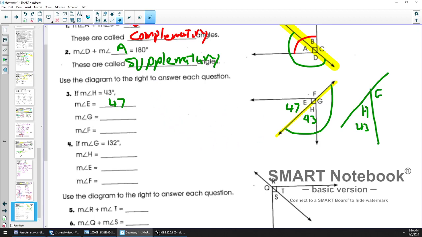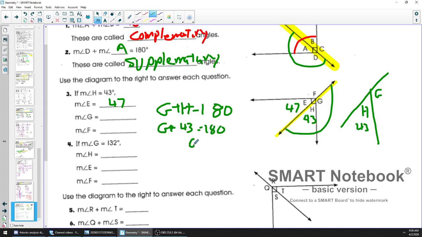G plus H equals, if you said 180, you were correct, because it's a straight line right here. H is 43. G I don't know. So G plus 43 equals 180. If you do the math, G equals 147. And I'm just going to write that down right here, 147.